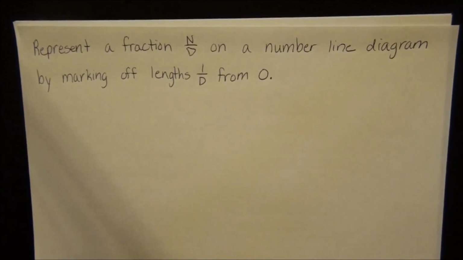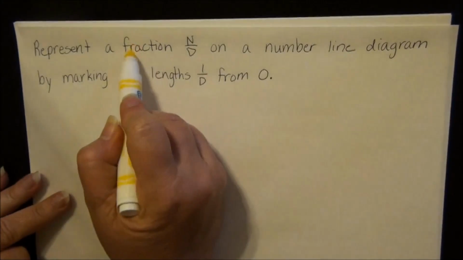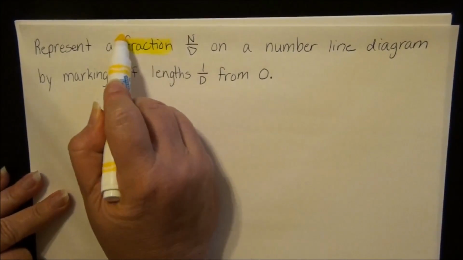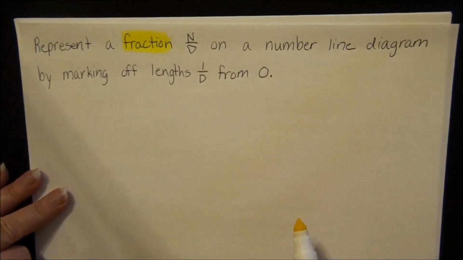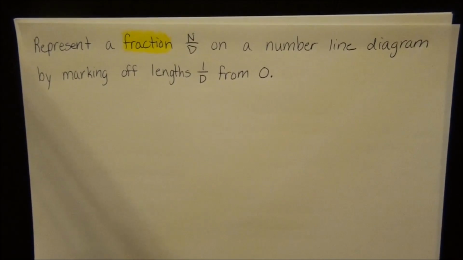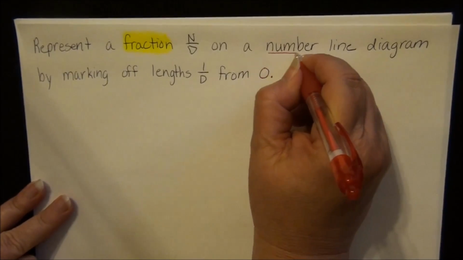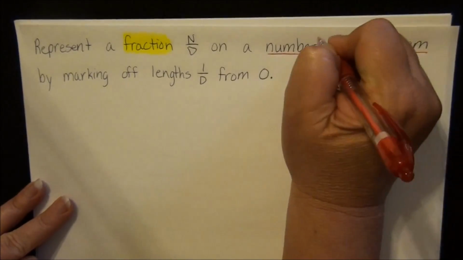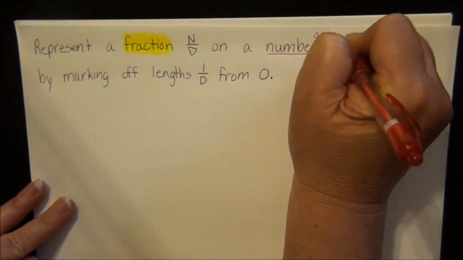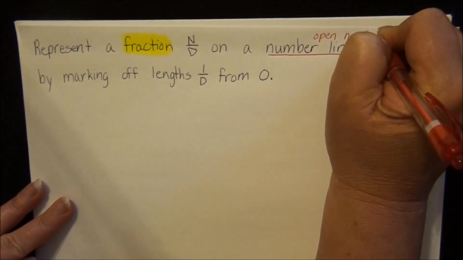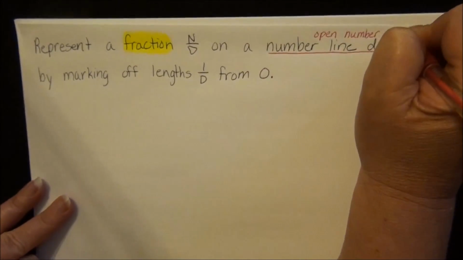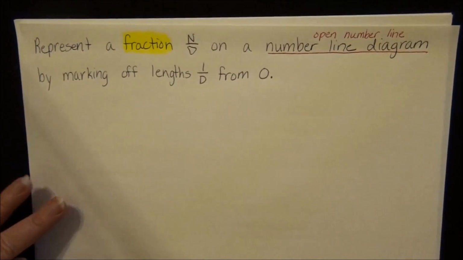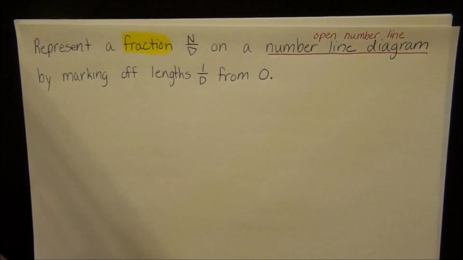Okay, so math word that we have seen a lot is fraction. We know those are the numbers between whole numbers. And we have also seen this before, number line diagram, which we are using the open number line. And our action word is represent.